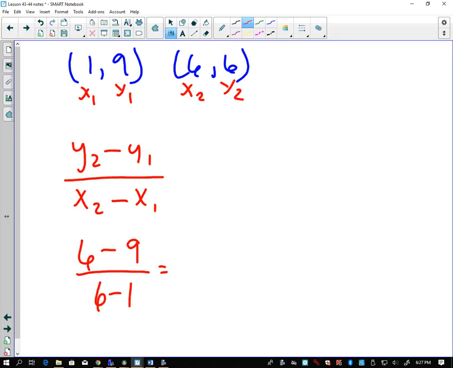Well, 6 minus 9 is negative 3. 6 minus 1 is 5. So I should get negative 3/5. I get B as my answer. Okay, answer for 5 is B.